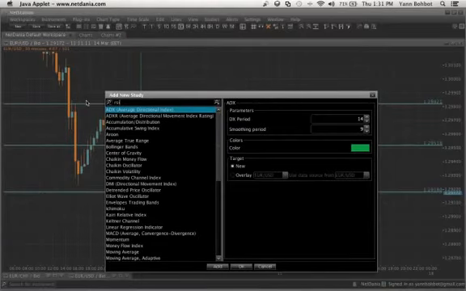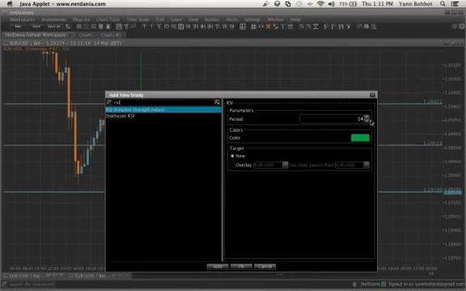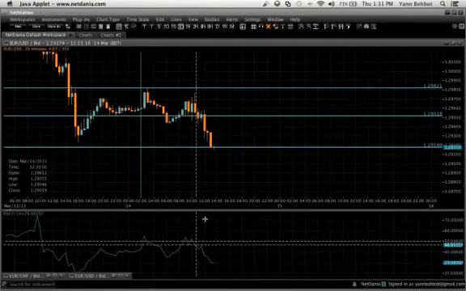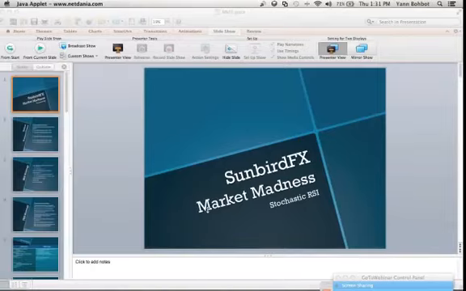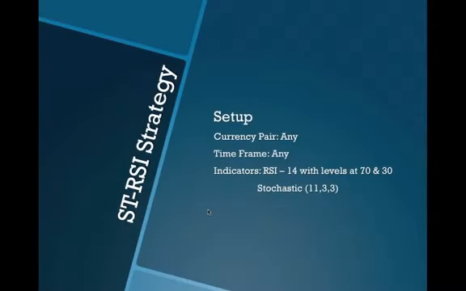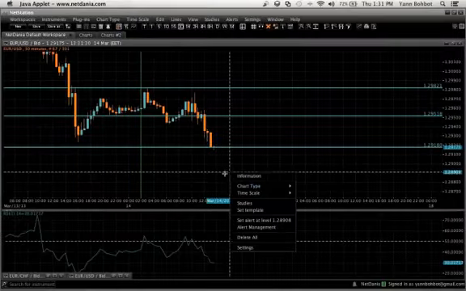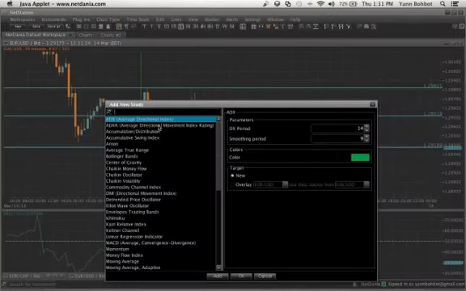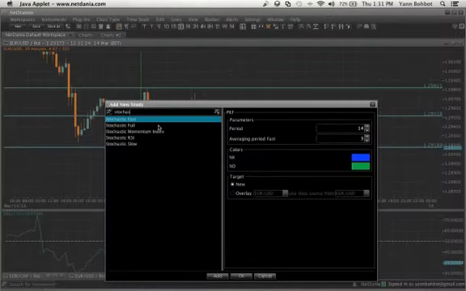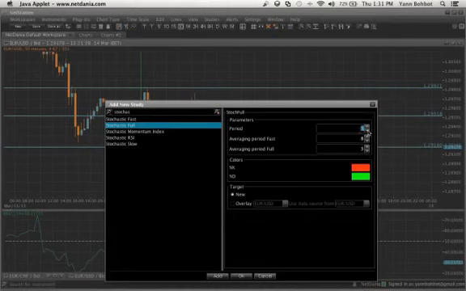RSI 14, normal RSI 14. Green, perfect. And we're going to put stochastic, which is full. You're going to see a few stochastic options. Stochastic 11 3 3. Let's put another study. 11 3 3.